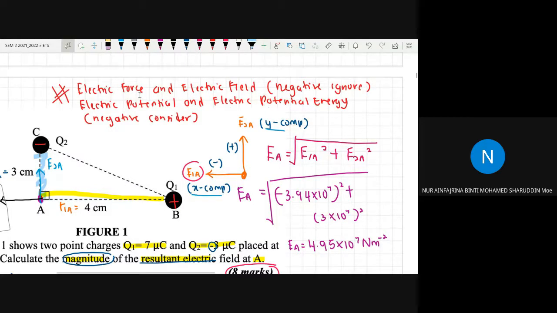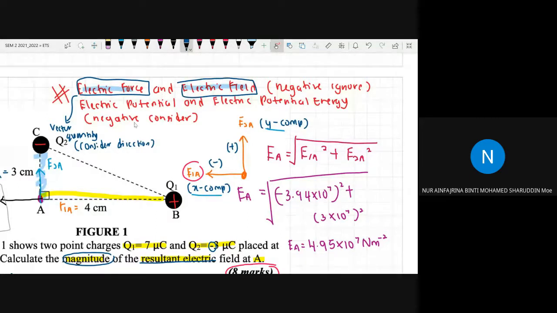Okay? Tetapi, kita tahu electric force dengan electric field ini adalah vector quantity. Okay, vector quantity. So, kita kena consider direction dia. Sebab itu, untuk electric force dengan electric field, kita akan selalu lukis.